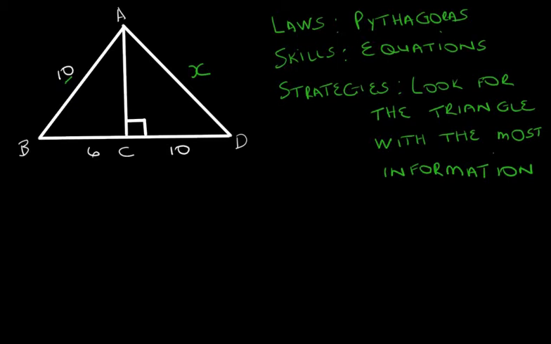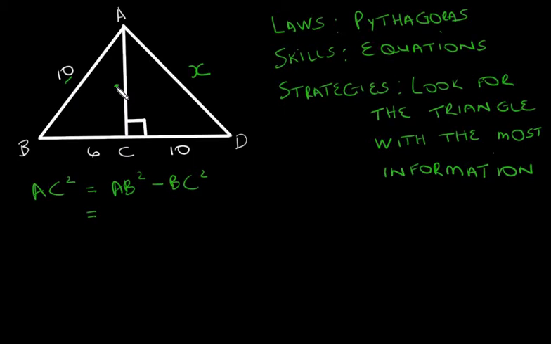We are doing that to solve for triangle ABC. How are we going to set that out? We are going to say that AC squared is equal to AB squared minus BC squared. Why are we doing that? Because we know that when we are given the hypotenuse, we need to subtract to find the other side.